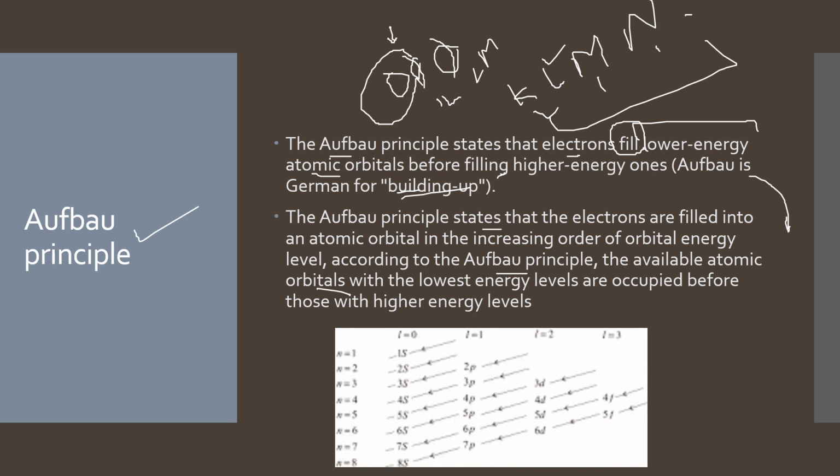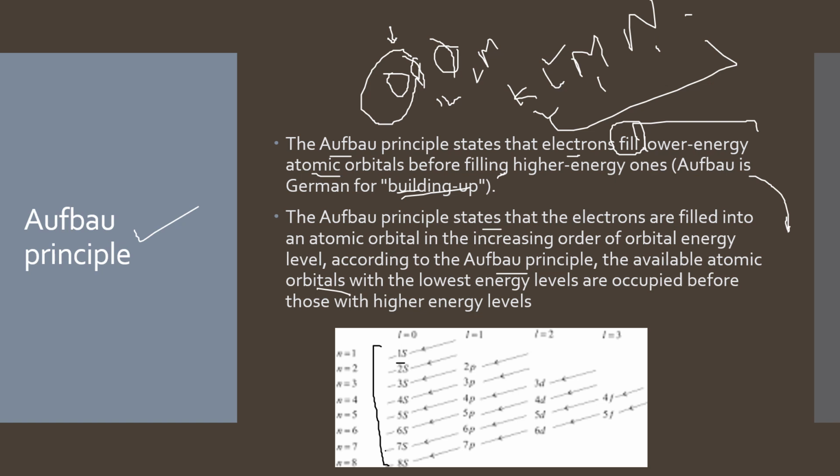Now the Aufbau principle gives us a method to identify which one is higher energy and which one is lower energy. We simply put it in a series: K shell, L, M, N, O, P, Q, R. Put it in the form of electronic configuration.